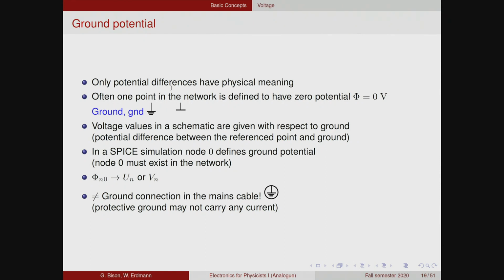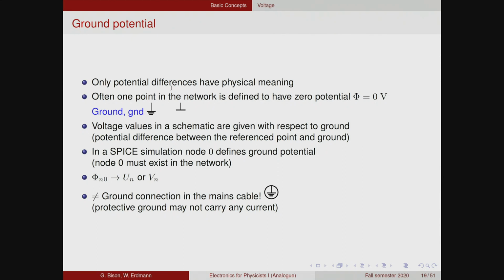And then voltage levels in a schematic are always given with respect to 0. So it's always to be understood as a voltage difference between the reference point that you have defined somewhere and the voltage that is given. That's also important for simulations. If you tell a computer to simulate voltage levels, you have to tell it where 0 is.